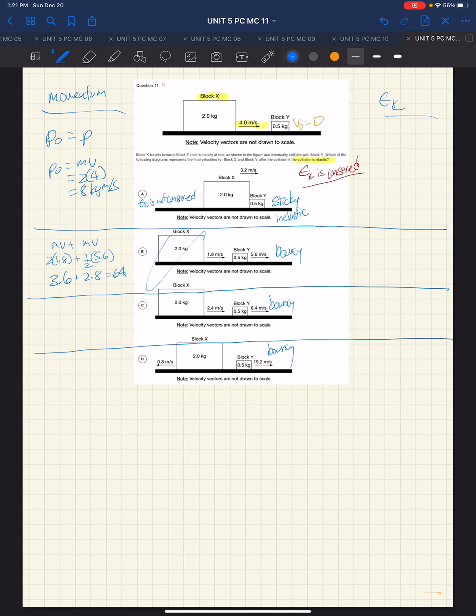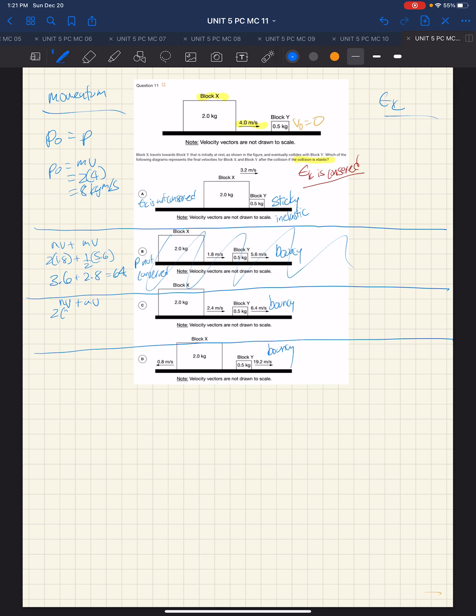So we can rule this one out right away because the momentum is not conserved.